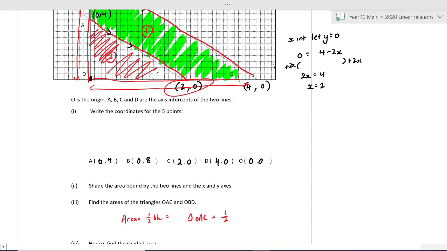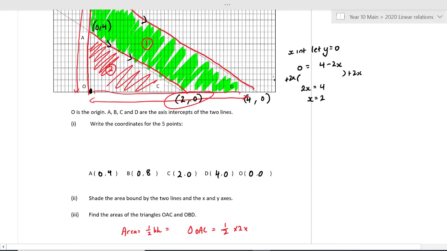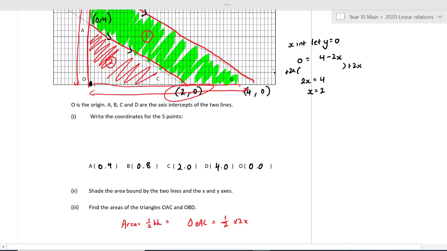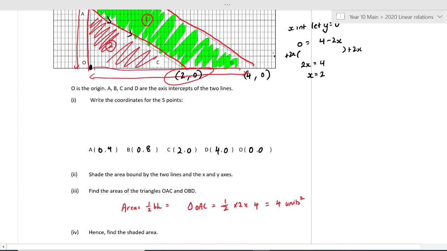That's a distance of 2, isn't it? So it's a half times 2 times the height. Looks like it's a height of 4. So 2 times 4 is 8, half of 8 is 4. So that is going to be 4 units squared. Now that's for triangle OAC.